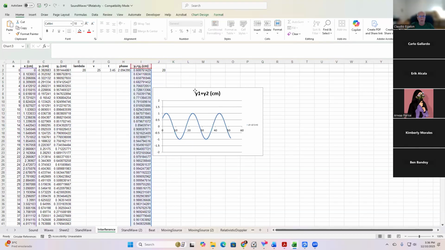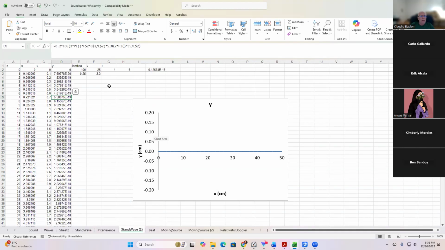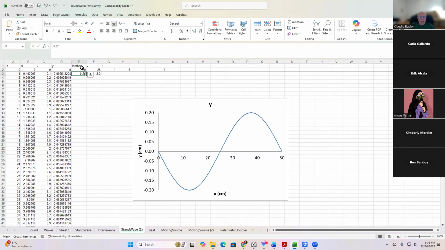Here's another interference wave, right? No, this one's not a good one. Let's see if I can get a different one. Let's see, 50. Yeah. And here's another mode of vibration. Okay, 0.